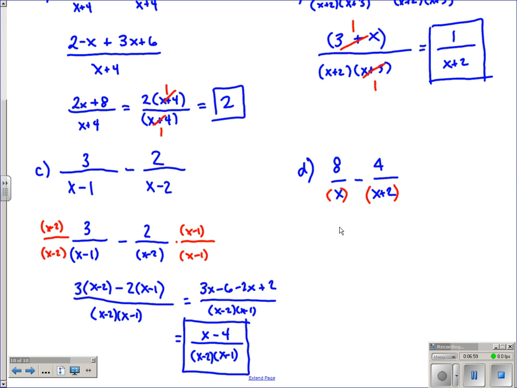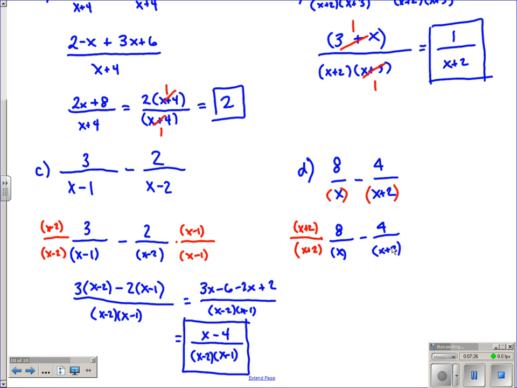So what I'm going to do here is rewrite this so I have a little bit more space. I'm going to multiply it by the value of 1 in the form of x plus 2 over x plus 2.